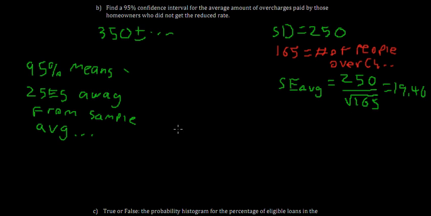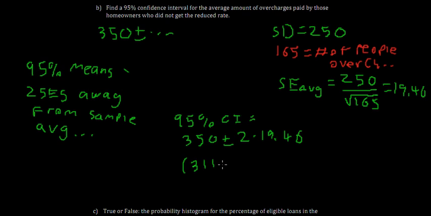So the 95% CI is 350 plus or minus 2 times 19.46, and that is about 311.08 to 388.92. That is our 95% confidence interval.